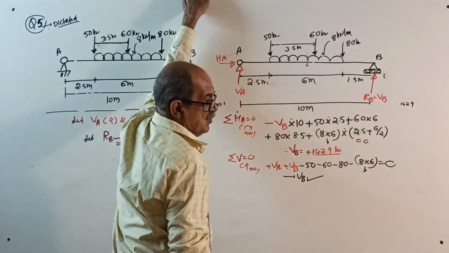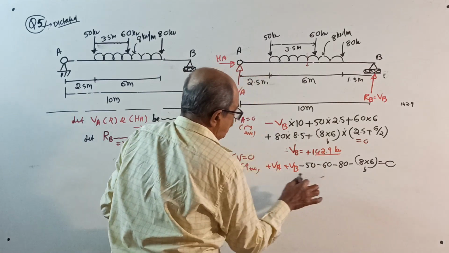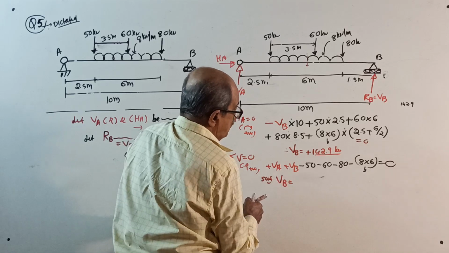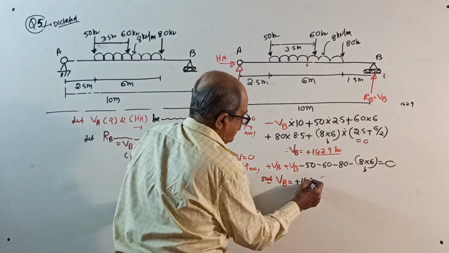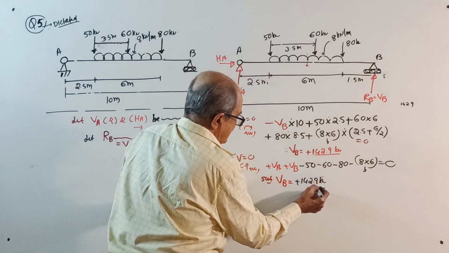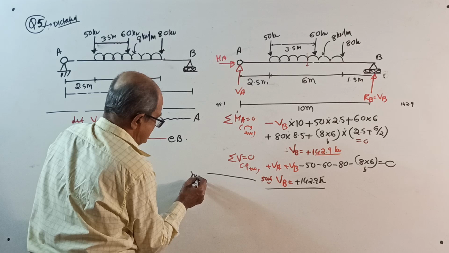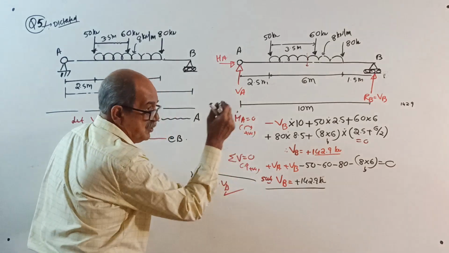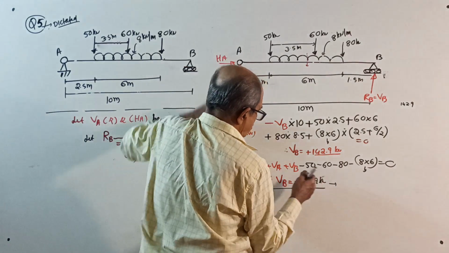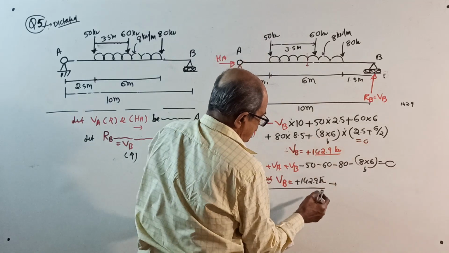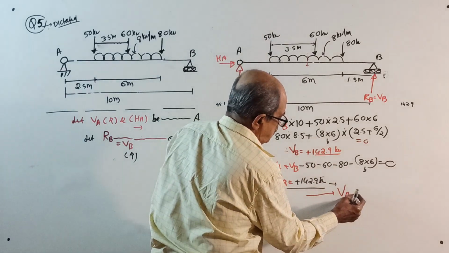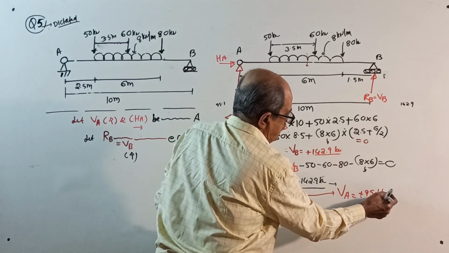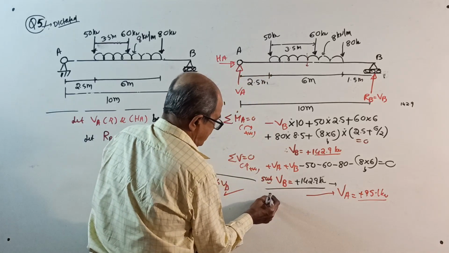Next time onwards I won't waste time; I will write 'substituting VB, whatever you got'. Substituting VB equal to plus 142.9 kilonewton, you solve it, you get VA equal to plus 95.1 kilonewton. Lastly, sigma H equal to 0.